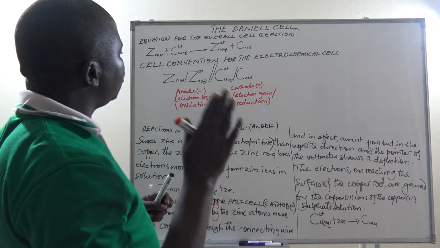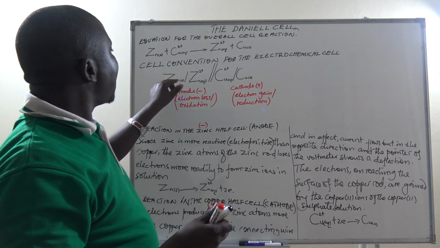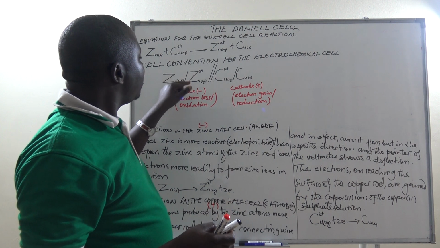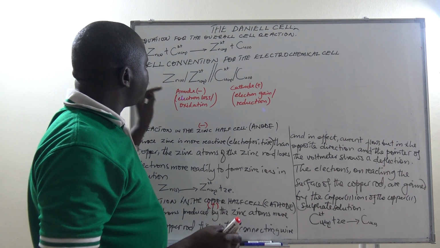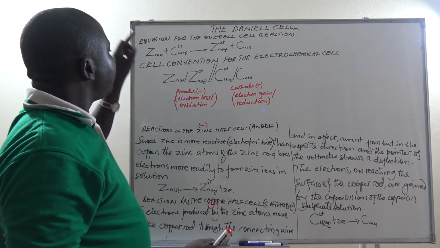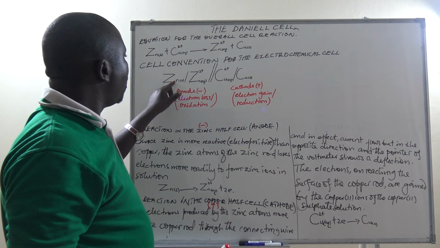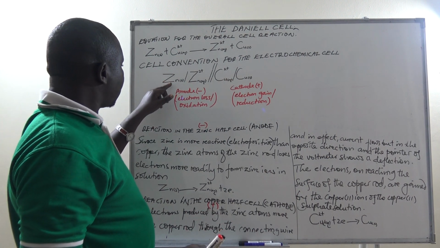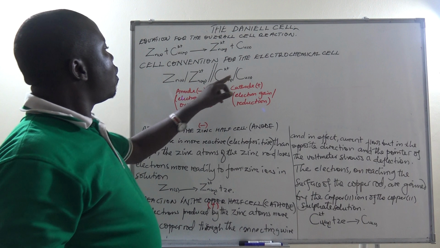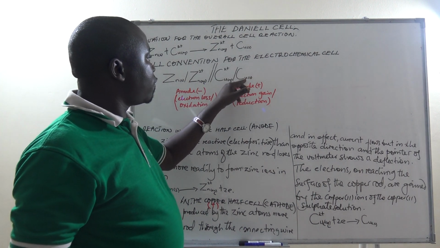Now, another thing that you should not forget is that we may be asked to name the electrolyte used in each case. So the electrolyte we use must be a solution of a soluble salt of the metal you are using as your electrode. So pick a solution of a soluble salt of zinc, or a solution of a soluble salt of copper.